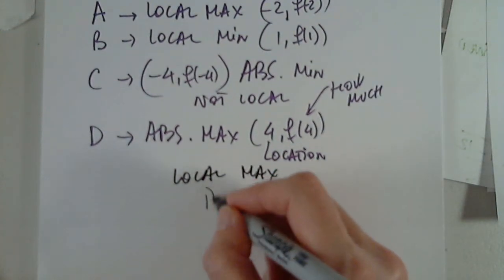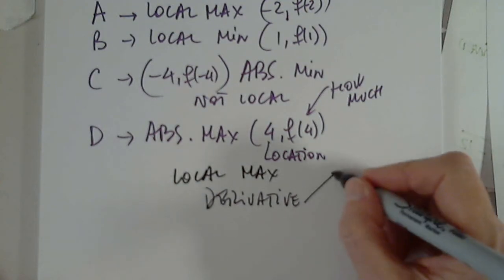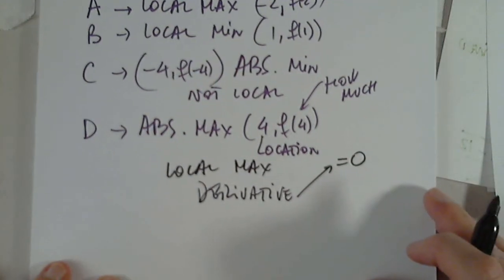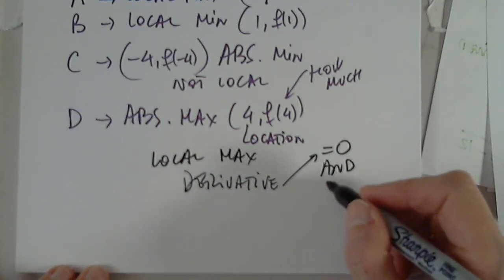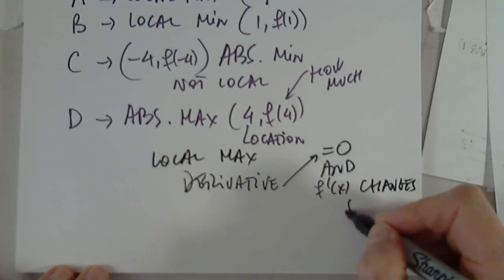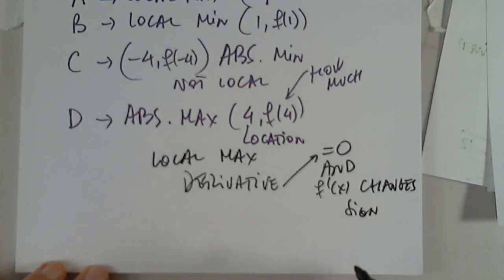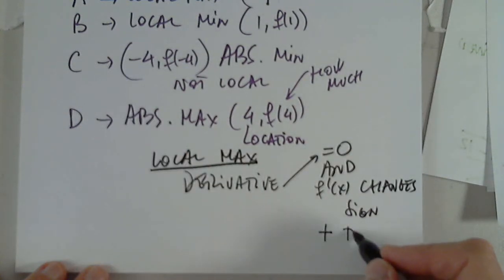So this is a typical situation for a local max. The derivative can be 0 and f prime changes sign. For the local max, as we discussed, from positive to negative.